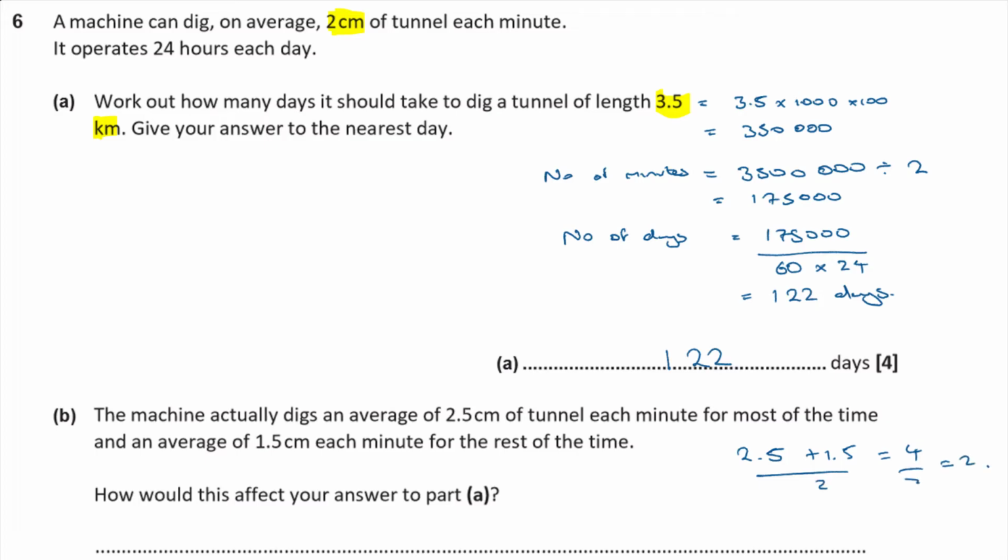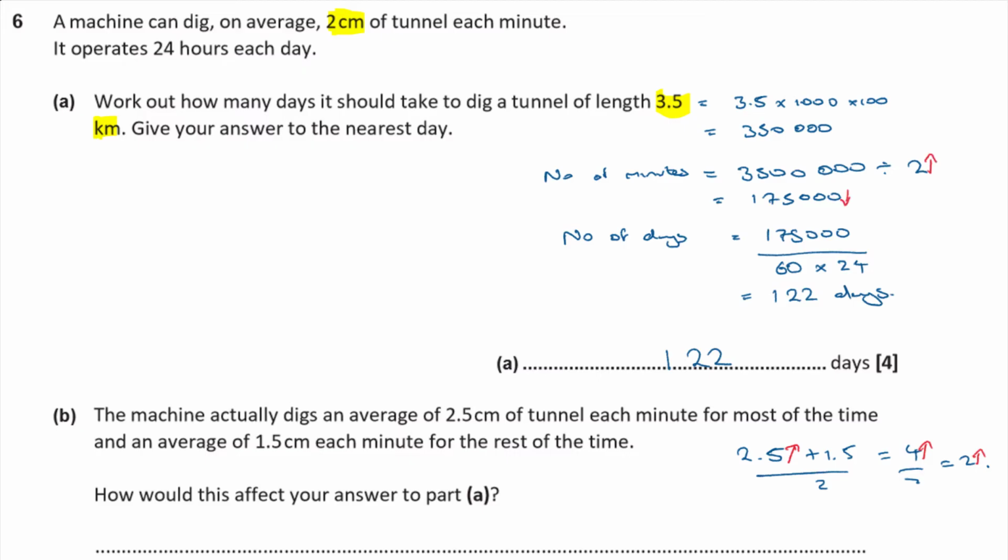But what we're saying here is that for most of the time, it's this one. So there are more 2.5s than there are 1.5s. So that means that your overall amount is going to be bigger than 4, which means this is going to be bigger than 2. So if it's bigger than 2, we're going to be dividing by a number which is bigger than 2. So we're going to get a number which is smaller.